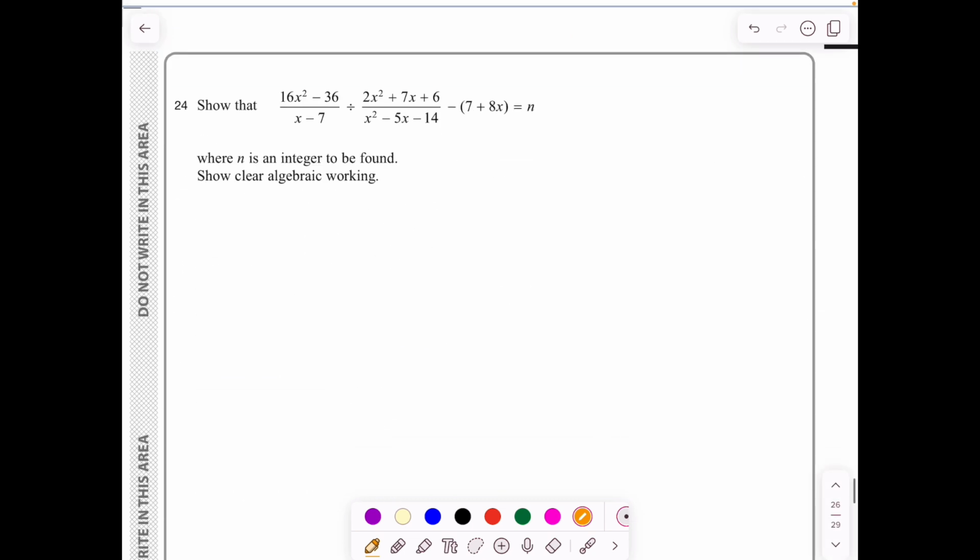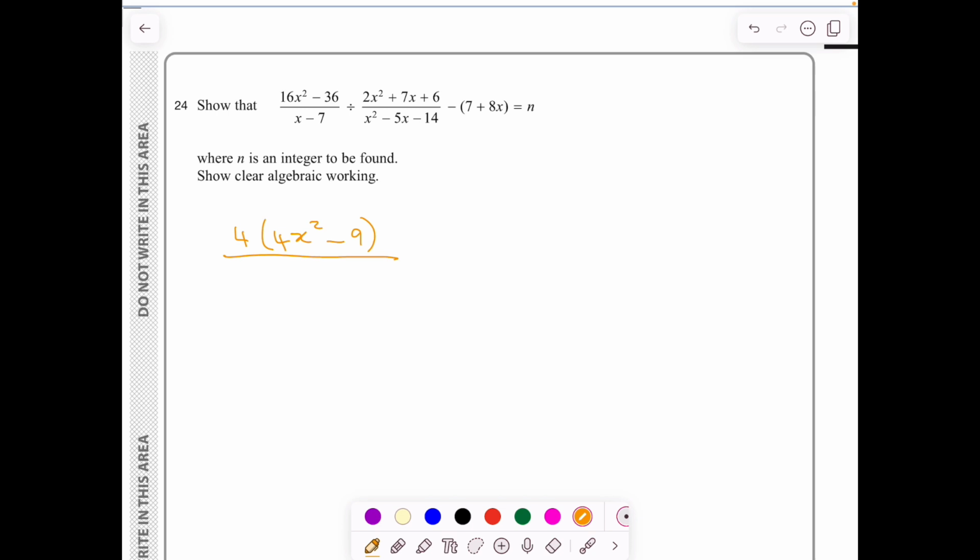Right, the next one was also a bit of a long one. You had to factorise to tidy this up, I'm afraid. There was lots of factorising to do here. First of all, I'm going to factorise a little bit by taking 4 out. So 4 goes into 16 4 times, so 4x squared, and 4 goes into minus 36 9 times.